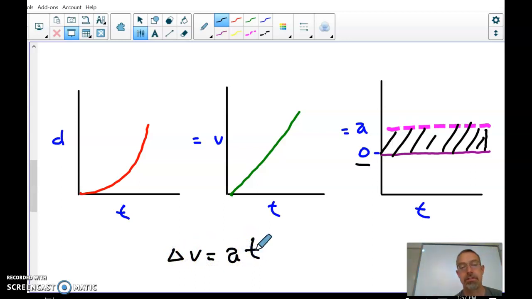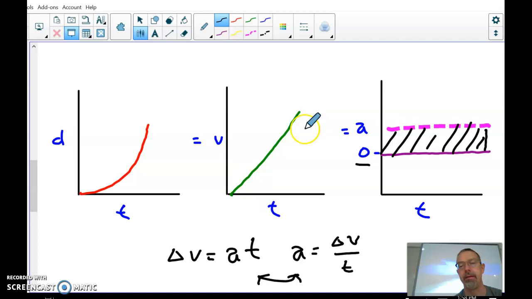And that relates to an earlier equation, but if I think about this in another sense, the slope of this line right here, acceleration, is going to be my change in velocity over time. So all I'm doing is taking these two and flip-flopping them a little bit. If I want my delta V, it's the integral of this, or it's the area underneath this line. If I want the slope of this, that's going to give me the acceleration.